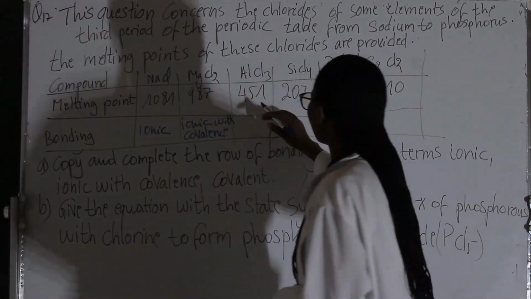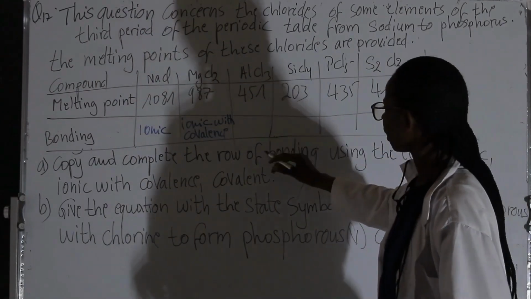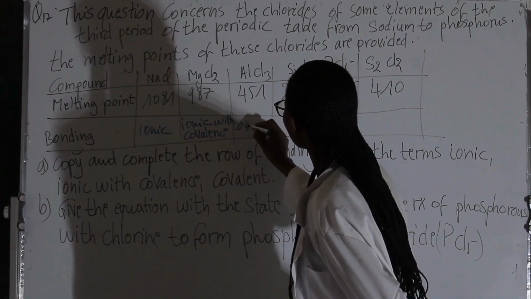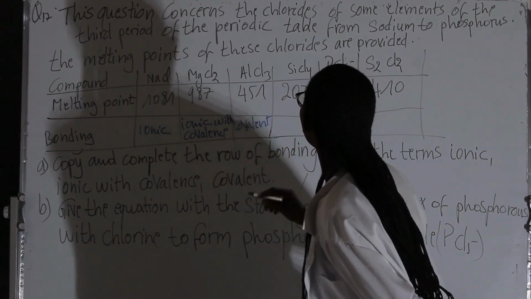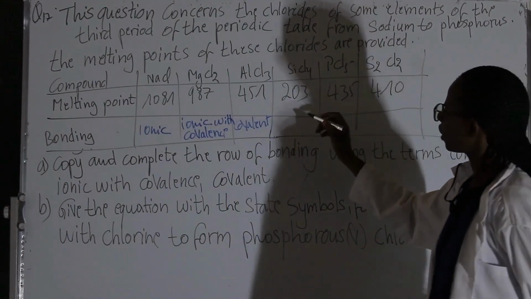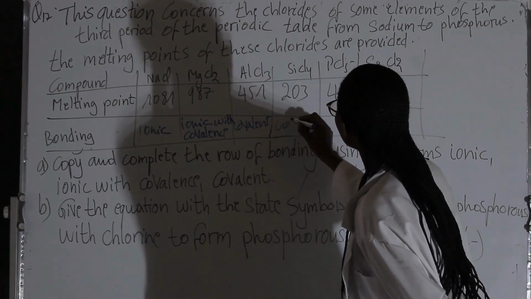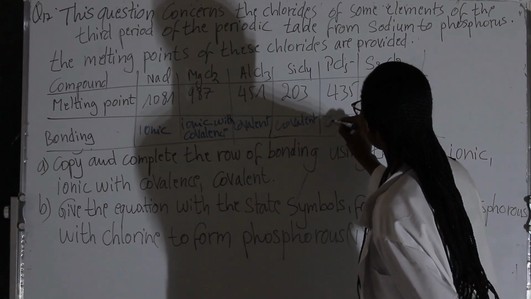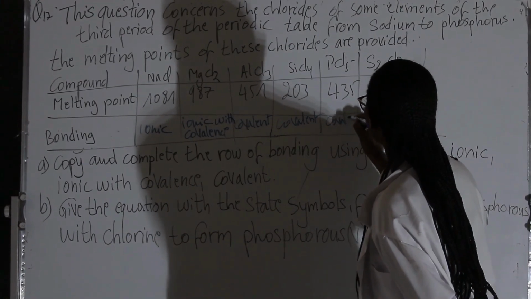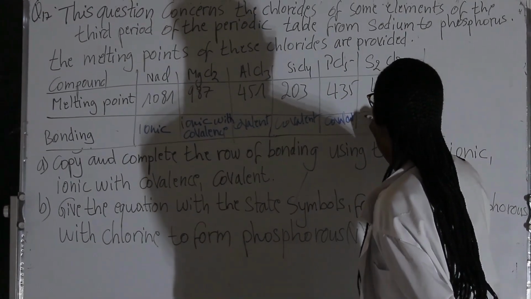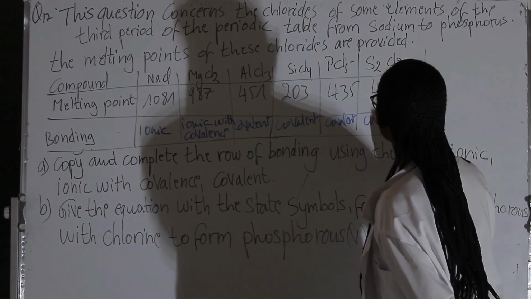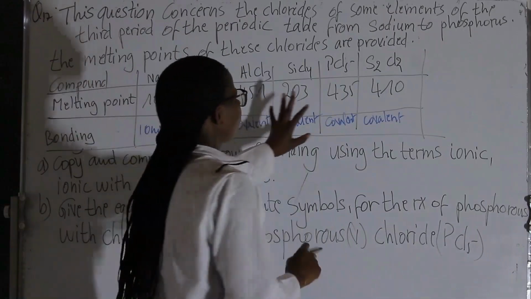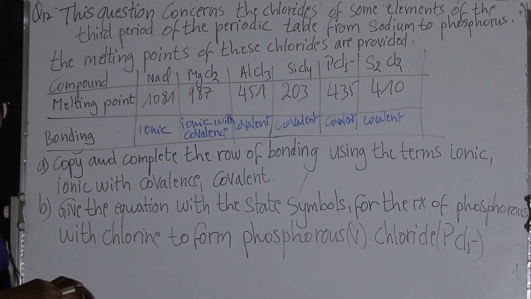For chlorine, this is covalent molecular. Silicon chloride is covalent, and this also is covalent, and this is covalent. From aluminium, we have covalent molecules.